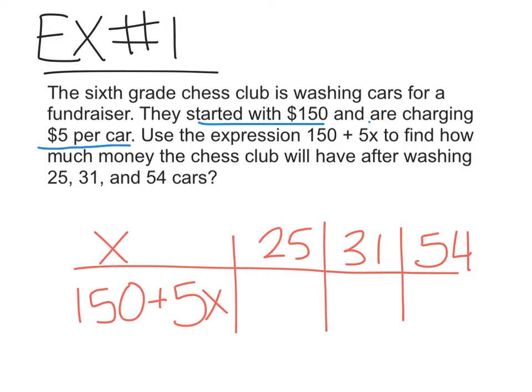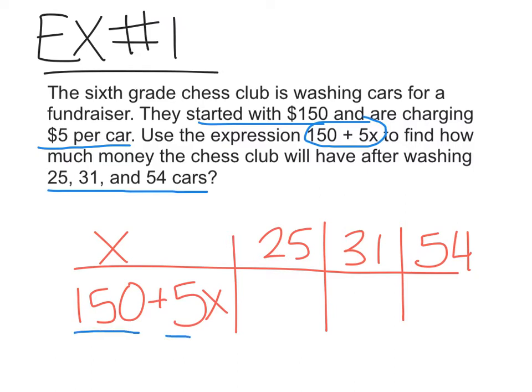Use the expression 150 plus 5x to find how much money the chess club will have after washing 25, 31, and 54 cars. So we know they started with $150, so that's where the 150 comes from.